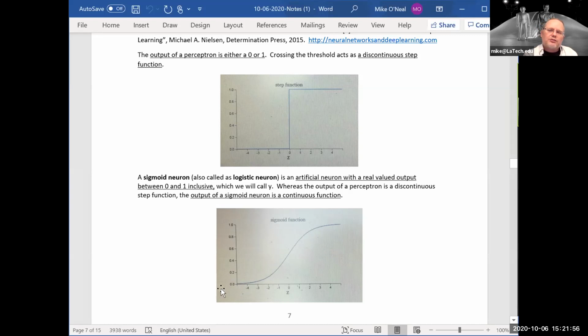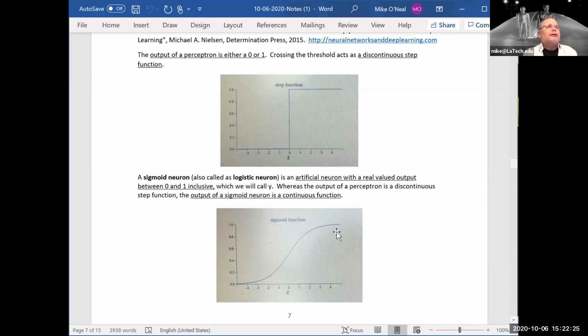This asymptotically approaches 0 as you go this way, and this asymptotically approaches 1 as you go this way. But when the sum of your inputs is near 0, you get this smooth transition between the 0 state and the 1 state. And so this function is differentiable because of that.